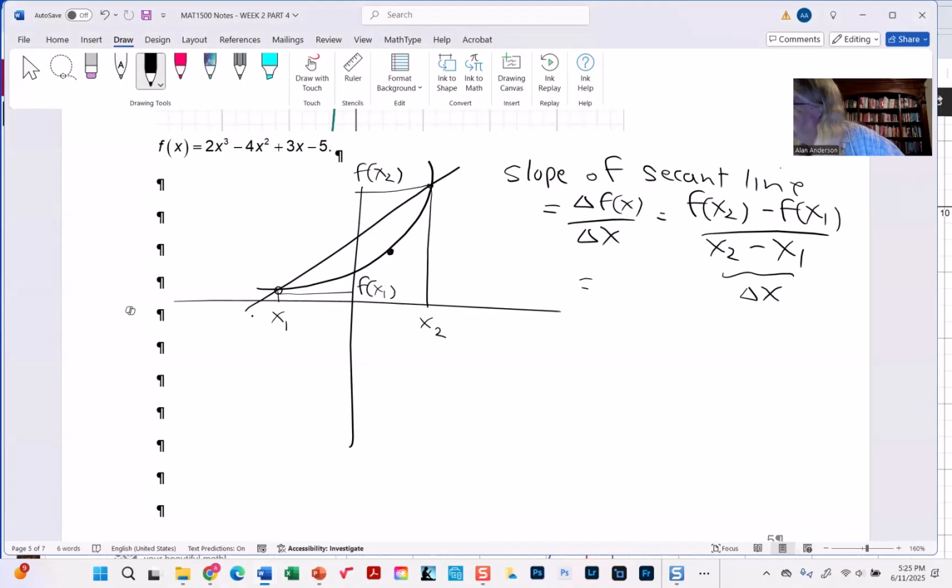Okay, now here's what they're trying to get you to see. Suppose that I keep x1 where it is, and I choose another x2, which is a little bit closer to x1.